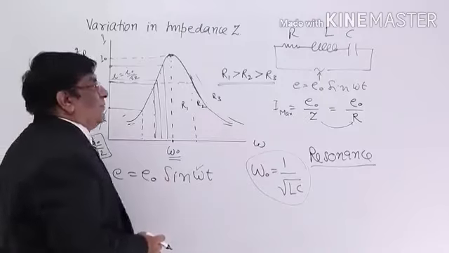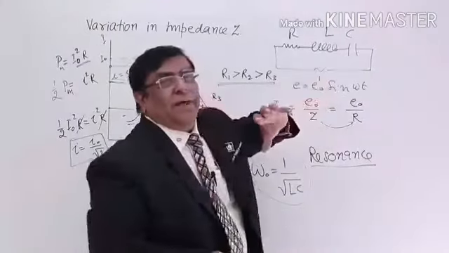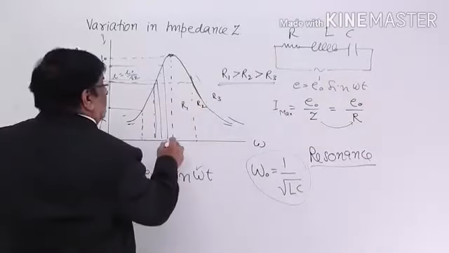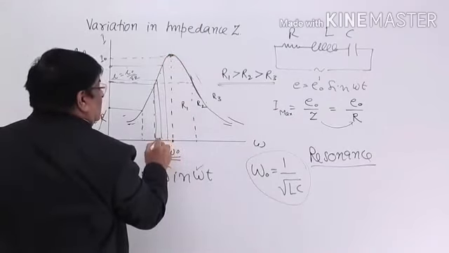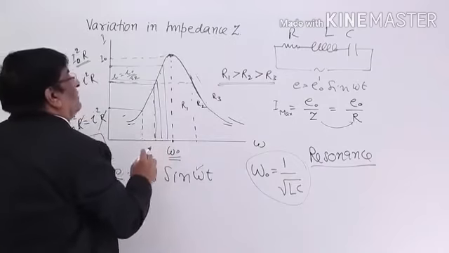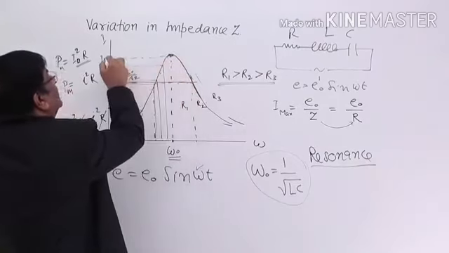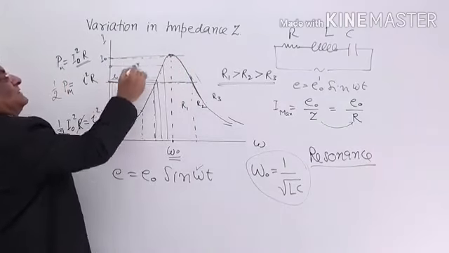Now, suppose we are supplying many frequencies over here, then this particular frequency will give the maximum sound, this will give less sound, this will give less sound, this will give less sound, and we will be listening to all the sounds which are from maximum to 50% of the maximum.